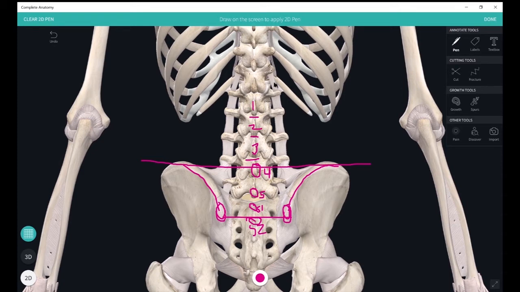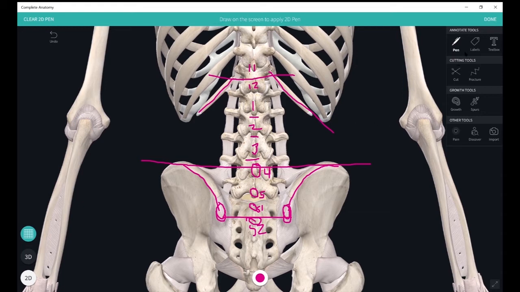To get a good idea of where we are as far as the thoracolumbar, the TL junction, we can find the 12th rib. We can follow it medially, and at the level of the spinous processes, the spinous process above will be T11, and the one below will be T12.